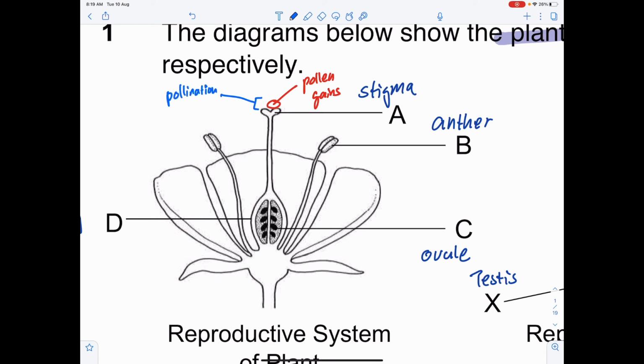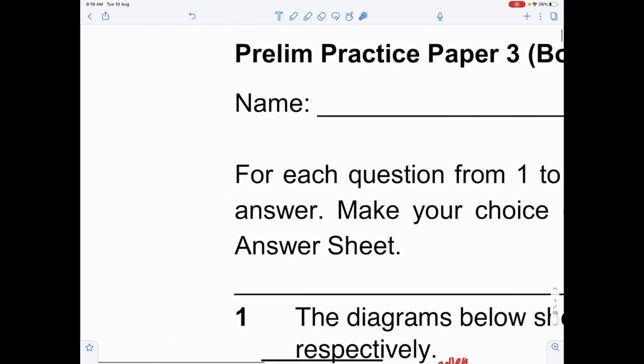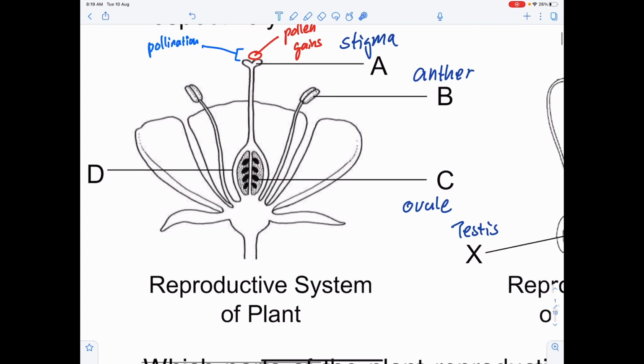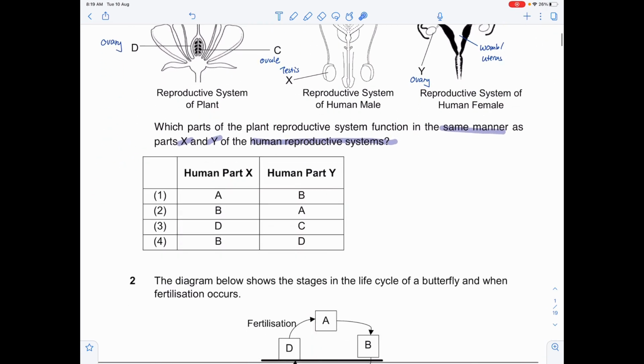It is not to be confused with fertilization, because your sex cells for your plants, the female part, is actually located right here. So your male sex cell is going to have to travel downwards to meet the female sex cells inside the ovary. That's just some recap.